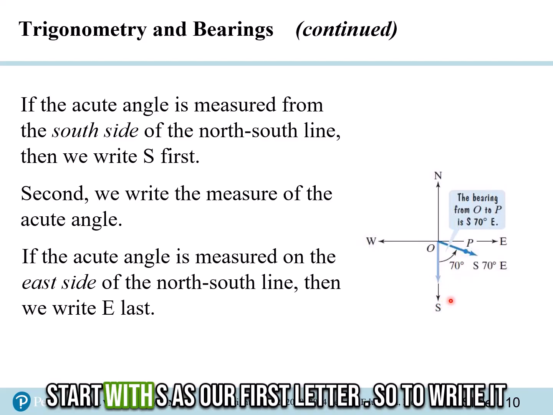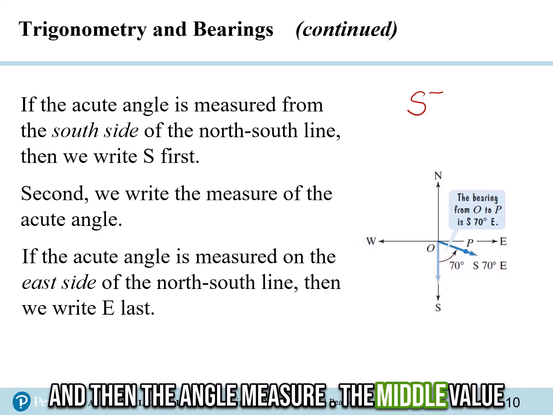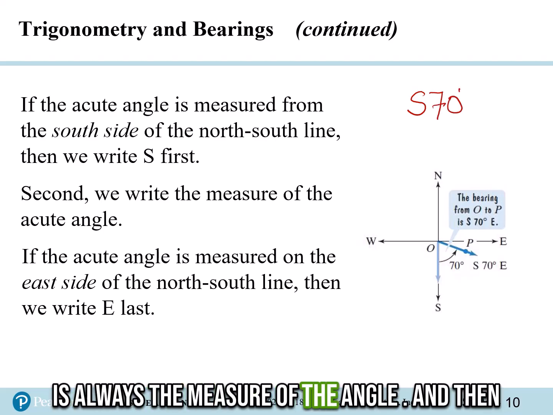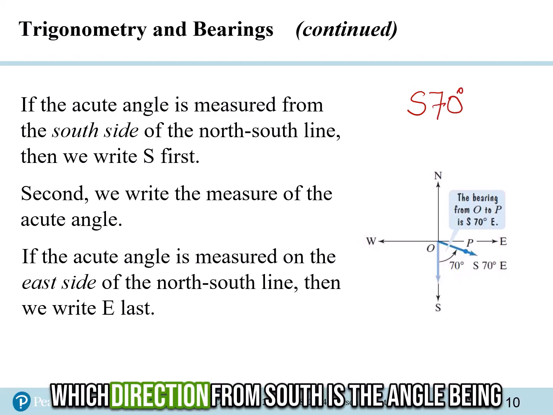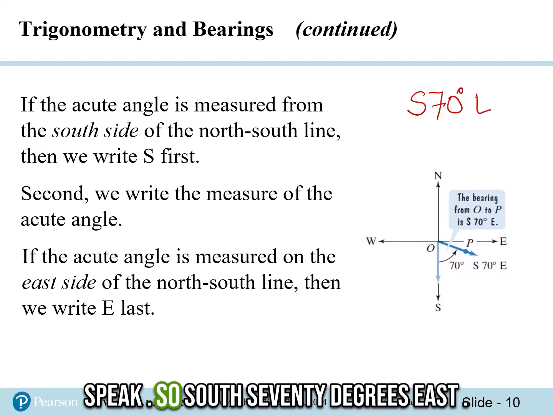Therefore, we start with S as our first letter. So to write it in the notation of the bearing, we start with S and then the angle measure. The middle value is always the measure of the angle and then in which direction from south is the angle being formed, is the angle being located, so to speak. So south 70 degrees east.